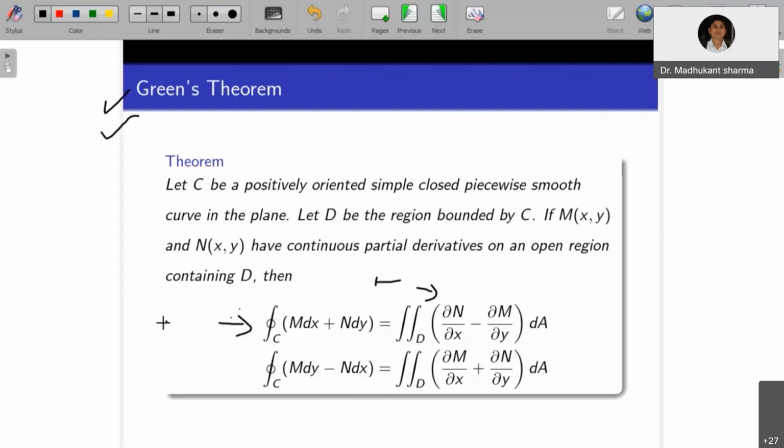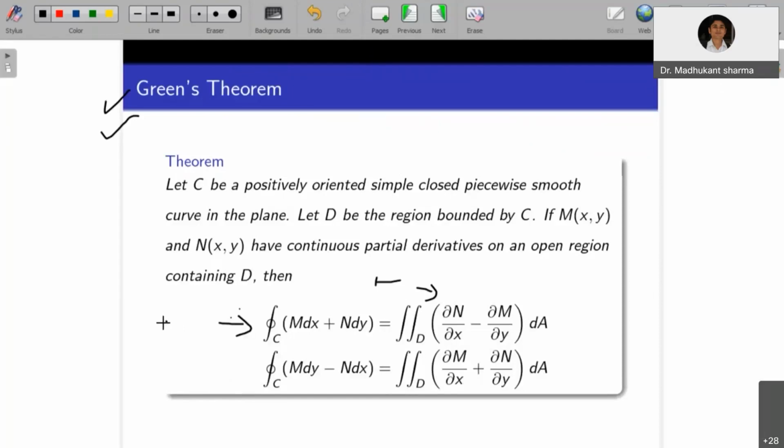So we are left with Green's theorem and what it gives you physically, or what kind of application it has.